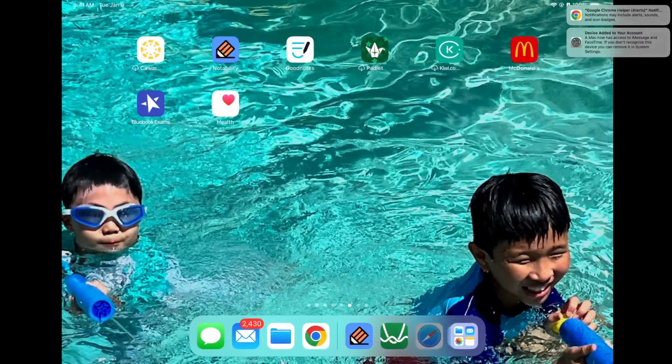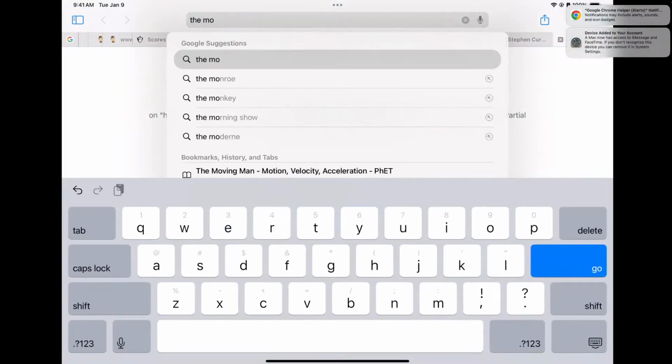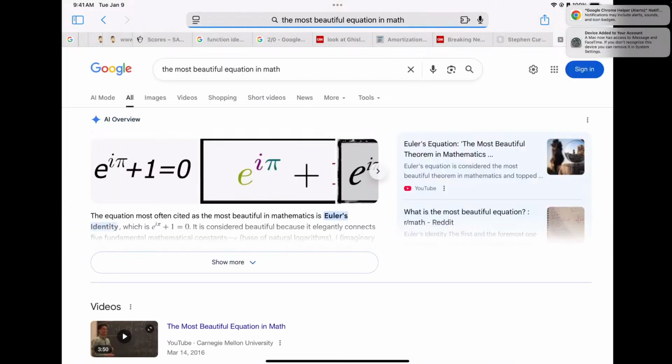So you can basically look up the most beautiful equation in the world. Okay, the most beautiful equation in the world is e to the i pi plus 1 is equal to 0.